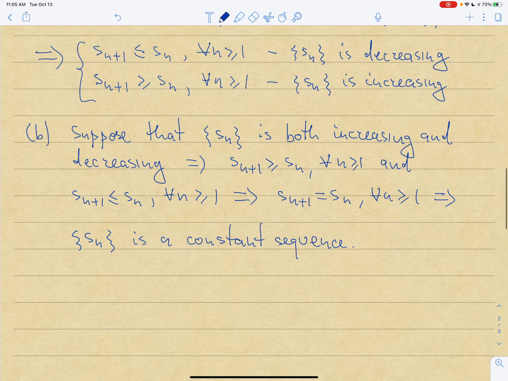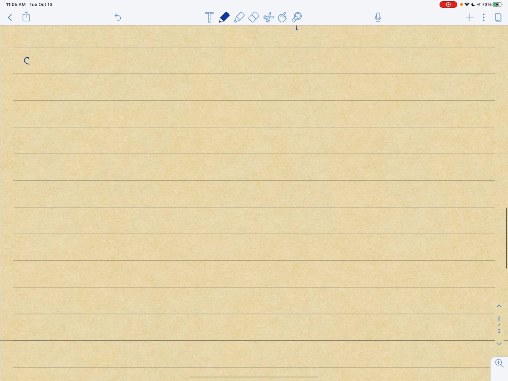Example number 5. Is a sequence, let's say Sn equal to (2n+1)/(n-2), monotone?